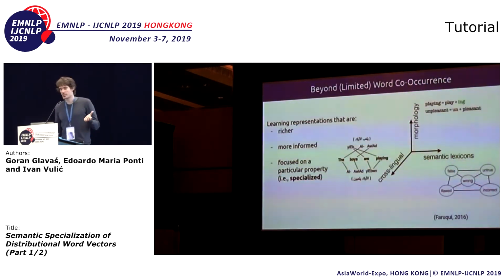So that's pretty much what I just said. You can have these enrichments across different axes. For example, you can add the knowledge from semantic lexicons like synonymy and antonymy relationships, or for languages with rich morphology you can learn better features for morphological inflections of certain words, or you can ground your meaning cross-lingually or multimodally, etc. So the idea behind specialization is really to enrich the vector spaces, make them more informed by combining them with other sources of information, and specialize them towards a particular direction.